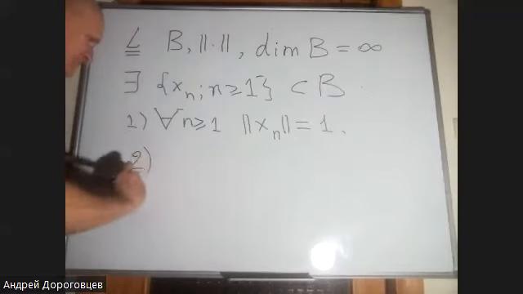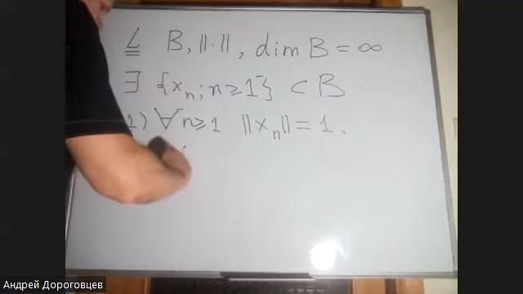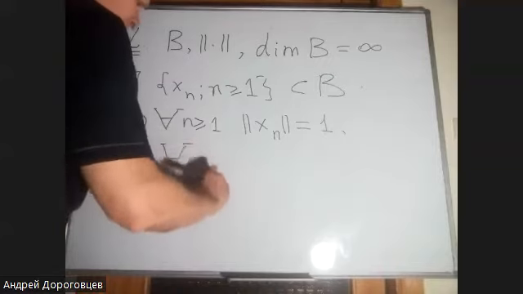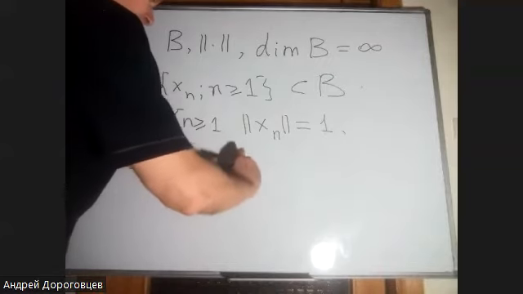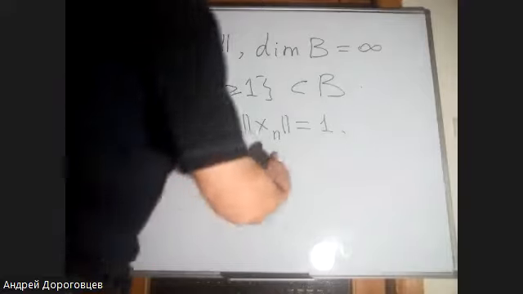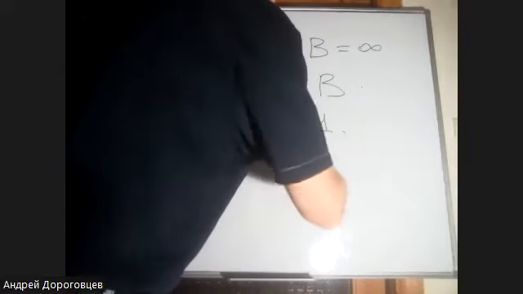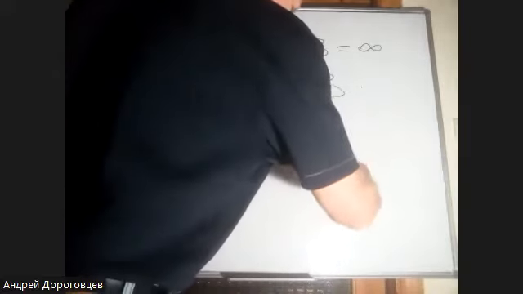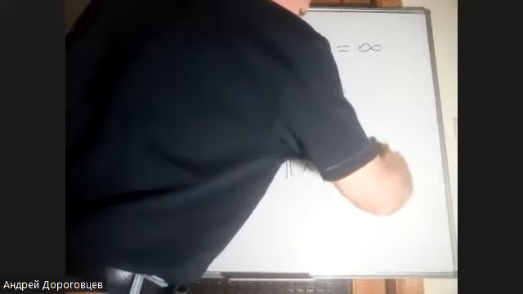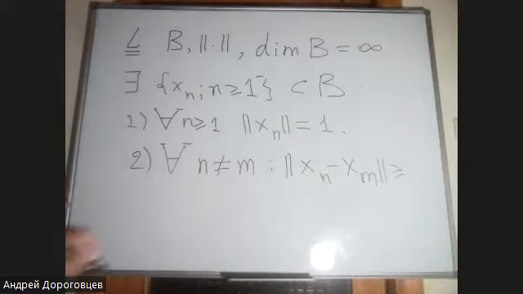The second one, for every n which is not equal to m, the distance between xn and xm is greater, for example, than 1/2.